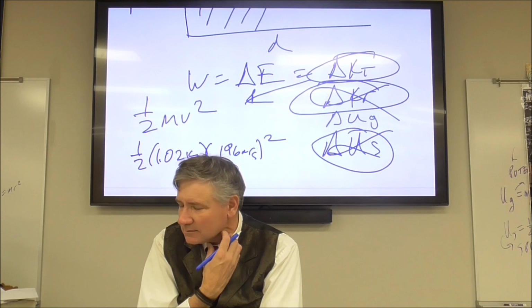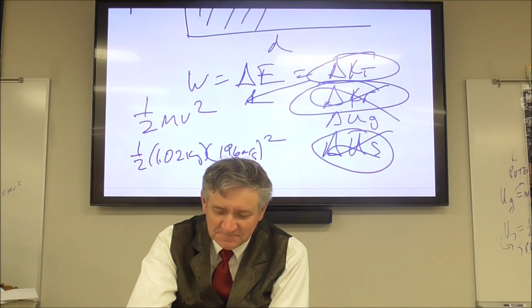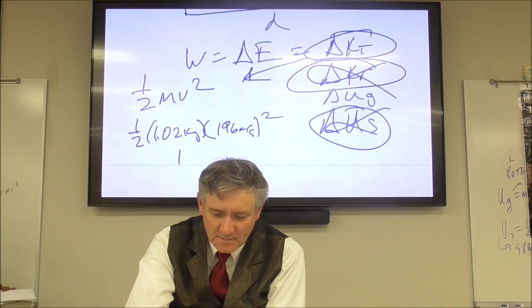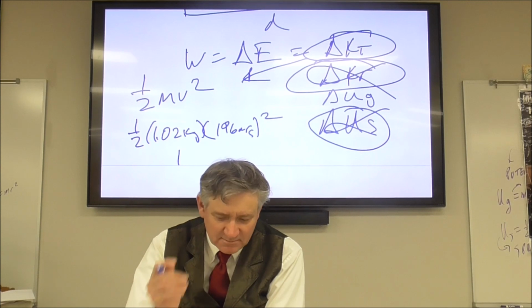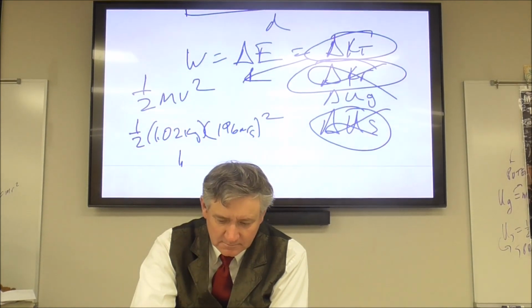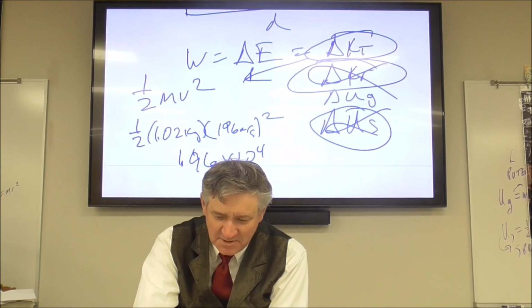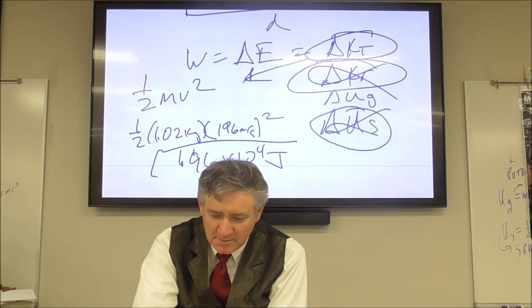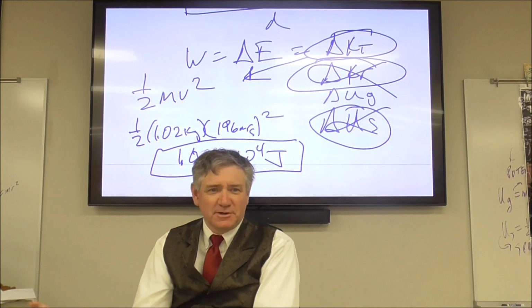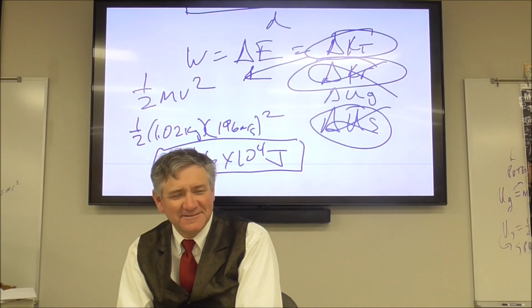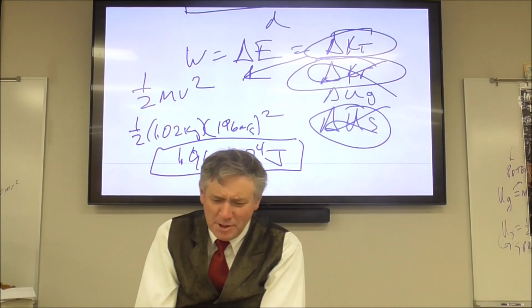What'd you get? 19,500. Pretty close. So a little scientific notation: 1.96 times 10 to the 4th joules. Which if you round is about 200.